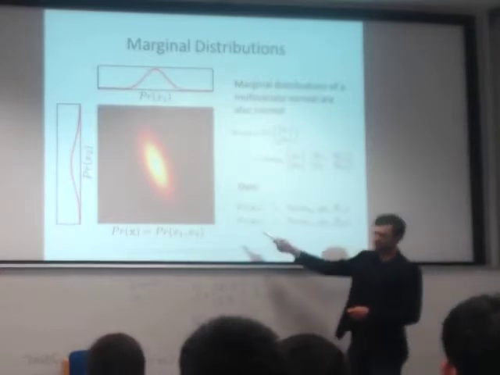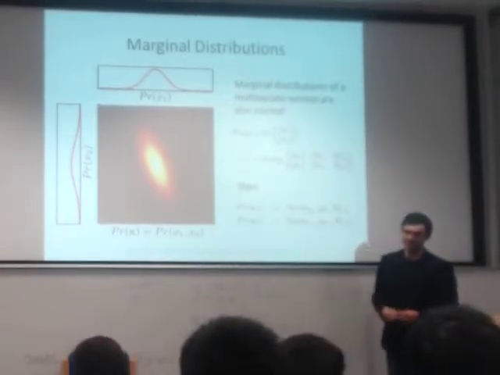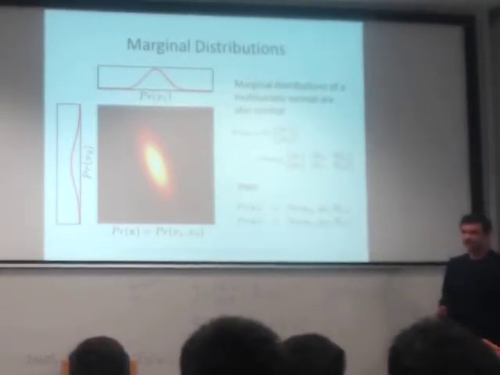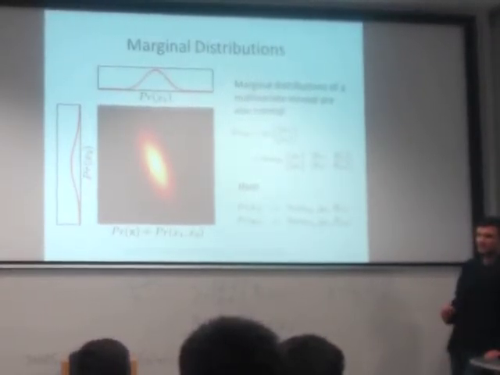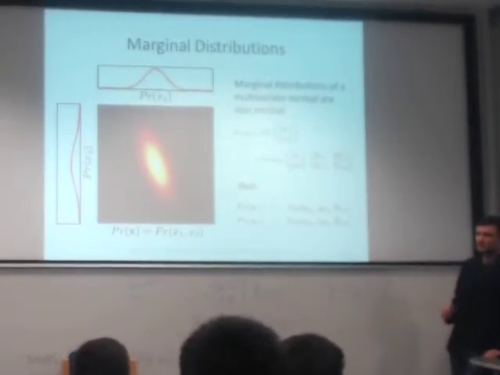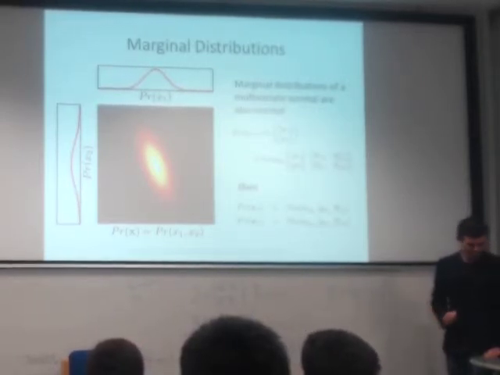But are you losing some information when you do that? Well, you're discarding the information that the other variable contributes. Because to get back to the full probability, you can't just multiply them back together, right?